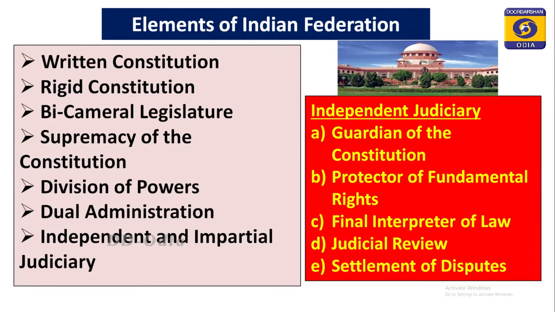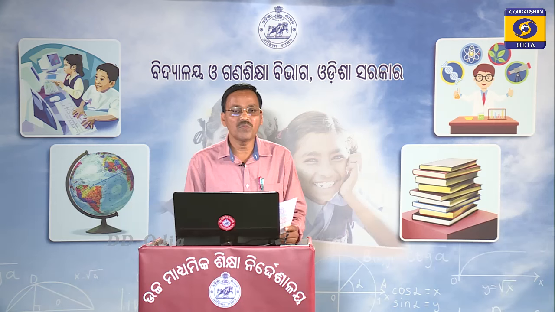The supremacy of the constitution. The constitution is supreme because whether it is the state governments or the union government, or the union legislature or state legislature, they should not make any law that will violate any provisions of the constitution. If they do violate it, then the Supreme Court is there, because it is the guardian and protector of the constitution.